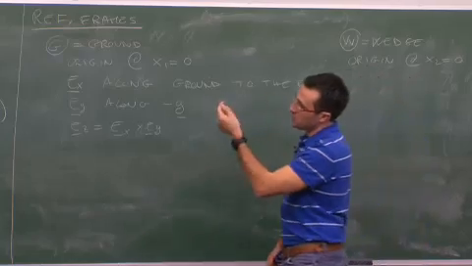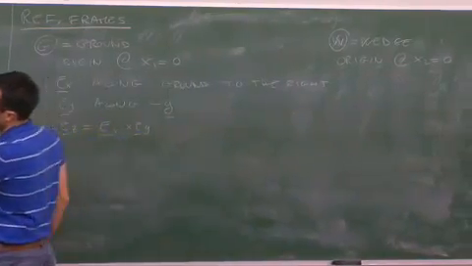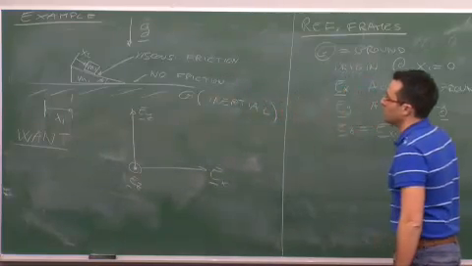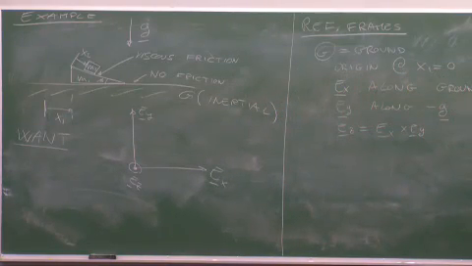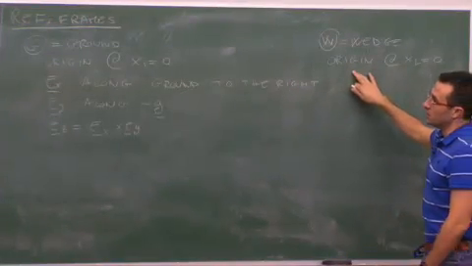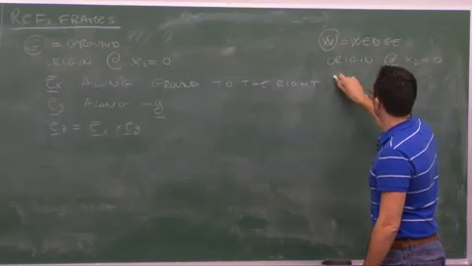So x1 gives you the position of the wedge with respect to an observer fixed to the ground, and x2 gives me the position of m2 with respect to the wedge itself. So this makes sense. The origin is fixed in the wedge reference frame.